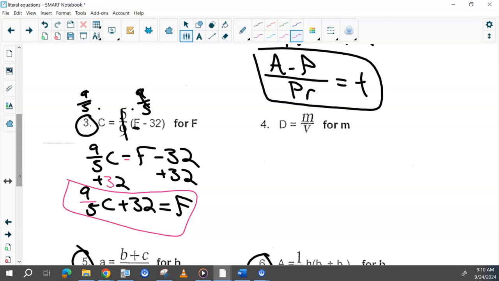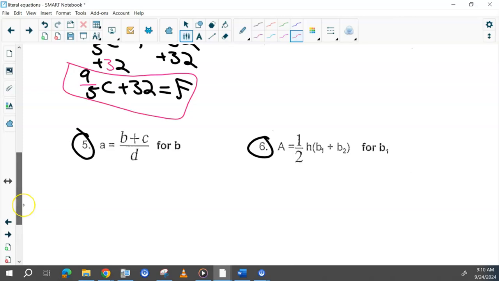Number 5, we are solving for B. How do we think we would get that by itself? Yes. Get rid of the D on the denominator first by multiplying.